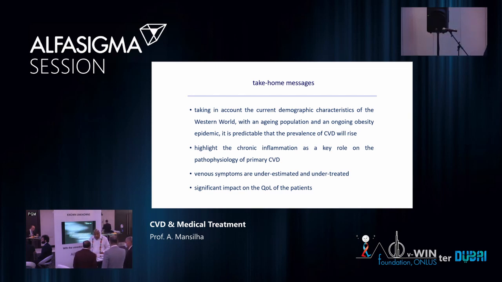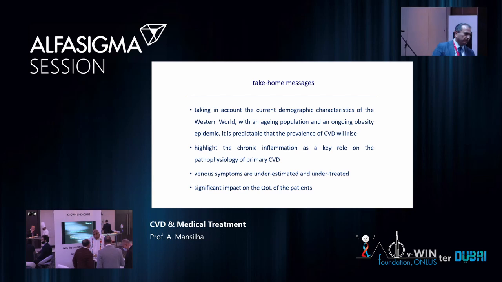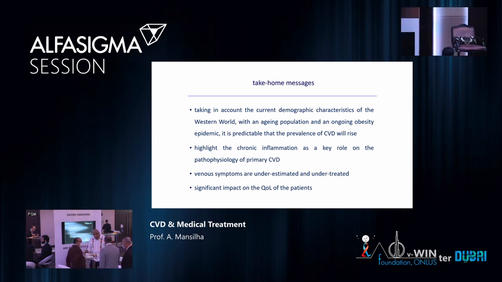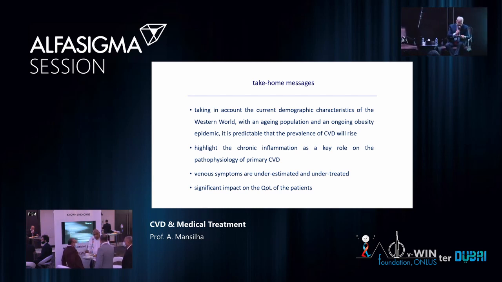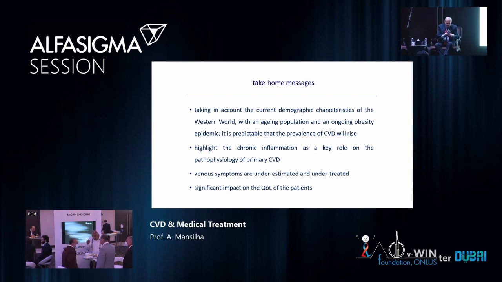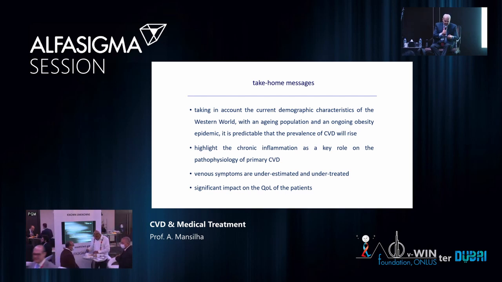Also, to highlight chronic inflammation as a key role in the pathophysiology of primary chronic venous disease, and that in our daily practice, venous symptoms are still underestimated and undertreated by us clinicians and by the patients, and they have a significant impact on the quality of life of the patients.